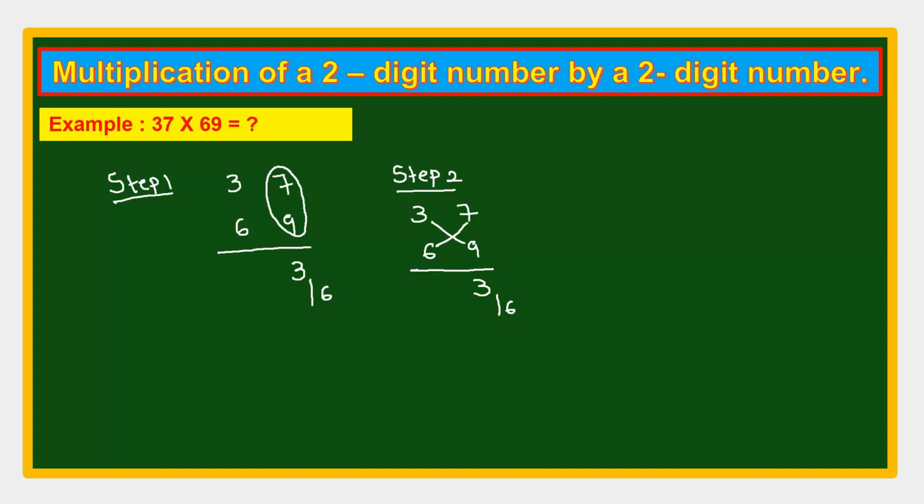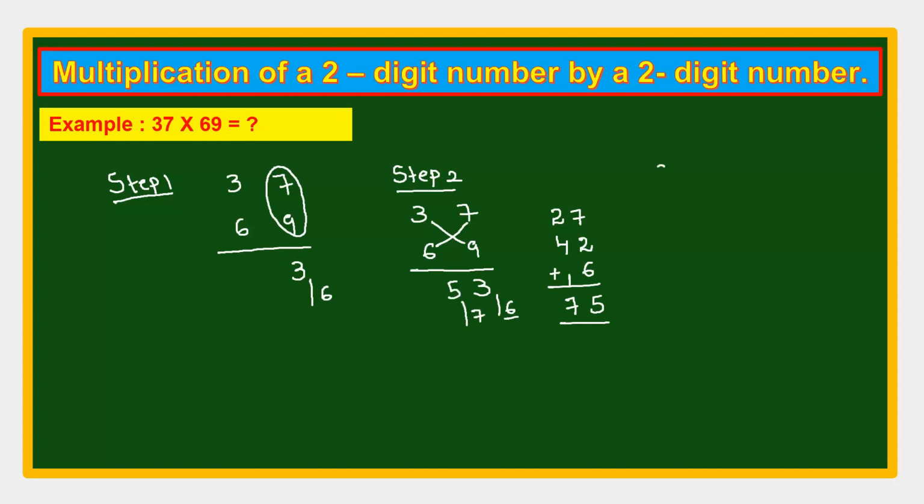So first, 9 3s are 27, 6 7s are 42, and you have to add the carry forward 6 also. So 6 plus 2 is 8, 8 plus 7 is 15, 5 here, 1 here, 4 plus 1 is 5, 5 plus 2 is 7. So you write 5 here and carry forward 7.